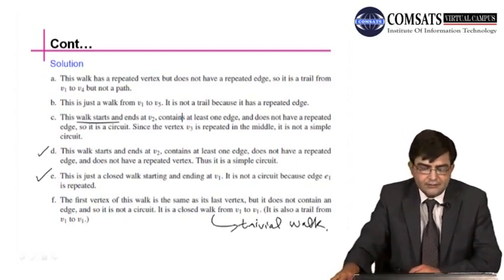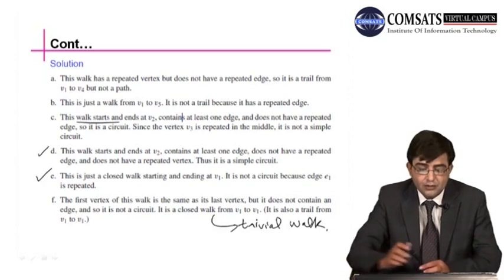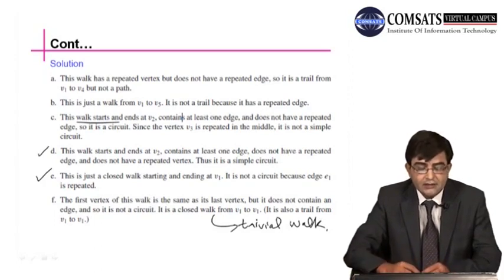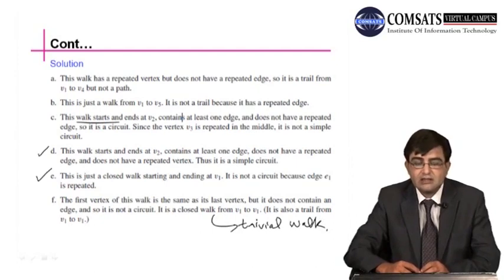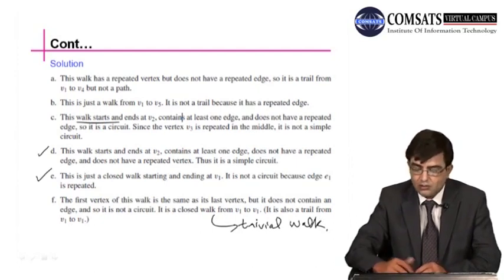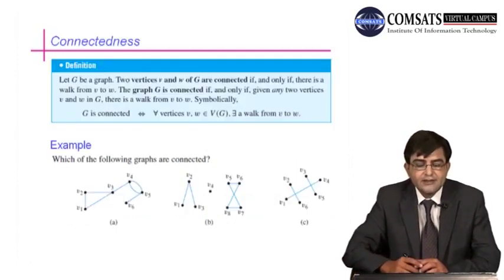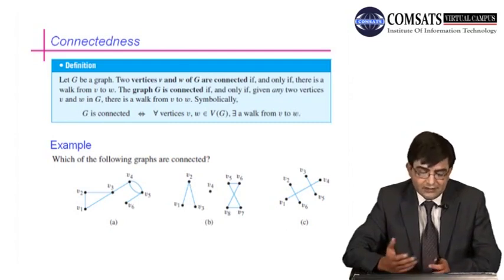So next, I hope you have understood what is a walk, and the other definitions: trail, path, simple circuit, closed walk. Now what is connectedness? If we have graphs, we must discuss connectedness and disconnectedness.